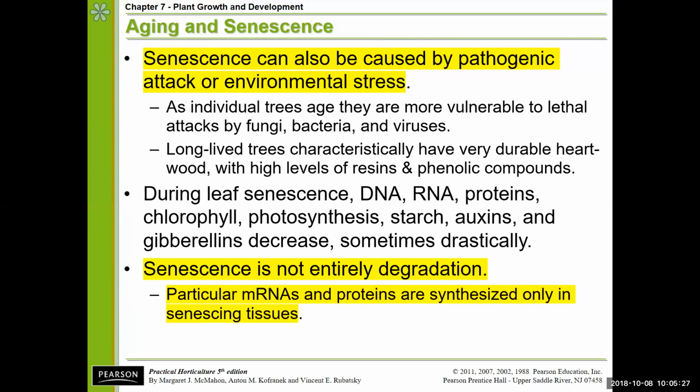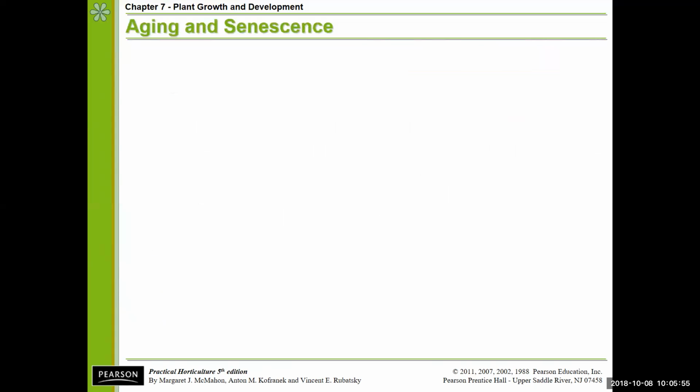We have particular messenger RNAs and some proteins that are synthesized only in senescing tissues. Some fruits, for instance, only achieve their peak flavor, and in some cases their chemical constituents that could be required for medicinal purposes, only when the plants are dying, when they're senescing.